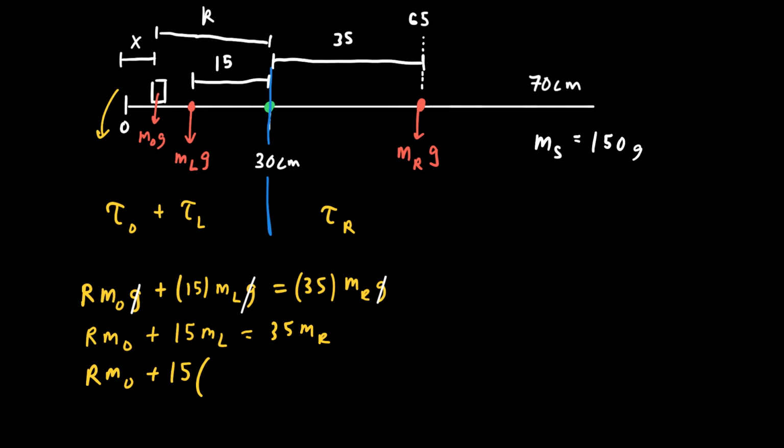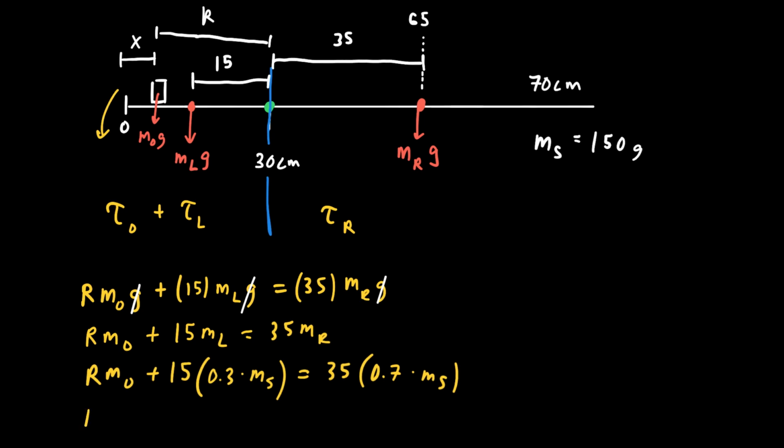So what I want is 3/10, or 0.3 times the mass of the meter stick. So 0.3 times ms. And on the right-hand side, I'll have 35 times the mass of the right-hand side, which is 70 centimeters, so it's 7/10, or 0.7 times the mass of the meter stick.